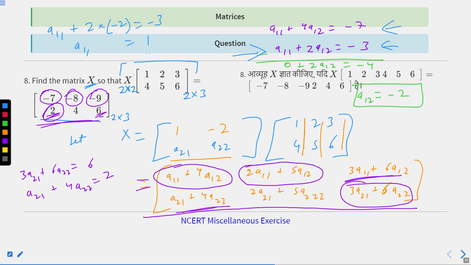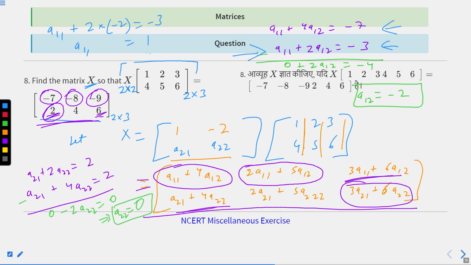Now divide every side of the first equation by 3. Now just subtract: 0 plus minus 2a22 is equal to 0. So this implies the a22 entry will be 0.